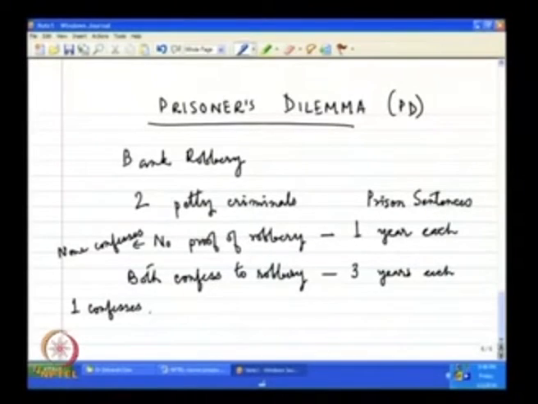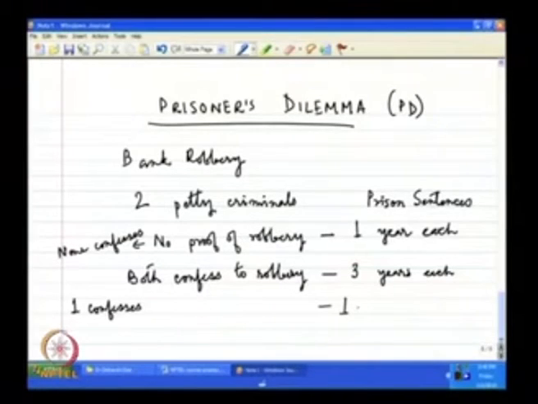So if one confesses, he is in effect turning state's witness. He is helping the police to solve the case, in which case his crime is supposed to be lessened. He is then not put in prison at all, he is let free. So in that case, the first person is freed.